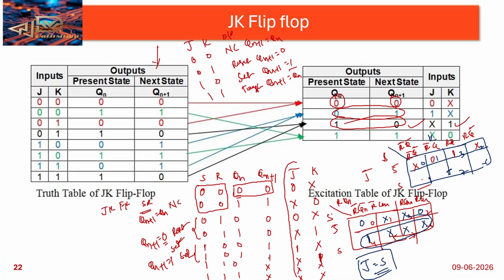Again, here where we got ones. So 0 don't care, 0 don't care, 1, 4 don't care, 5 is 1, and 6 is don't care, 7 is don't care. 5, this is 1, right? Which one is 1? This is the 0 condition.